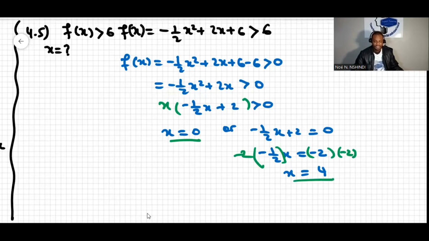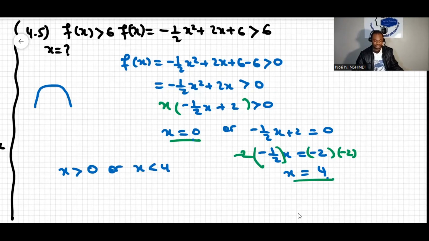Now we know that f of x is an inverted U shape, meaning one of the intercepts is 0 and the other intercept is 4. So therefore, the function will be greater than 6 if x is greater than 0 and x is less than 4.